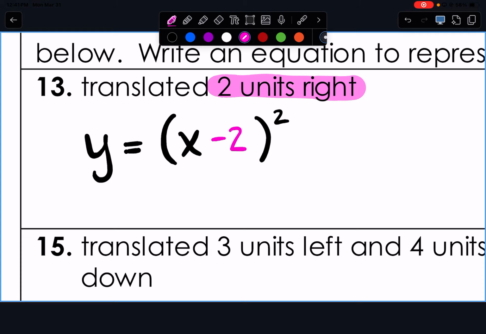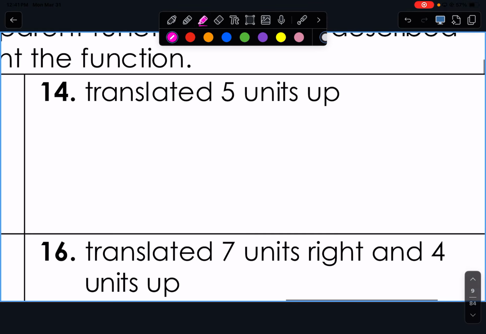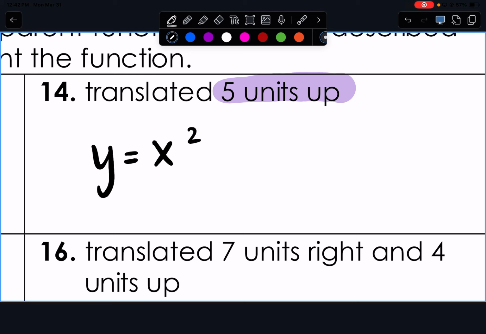Minus 2. For 14, does that need to happen inside or outside of the function? So we will do y is equal to x squared. What was that? Plus 5.